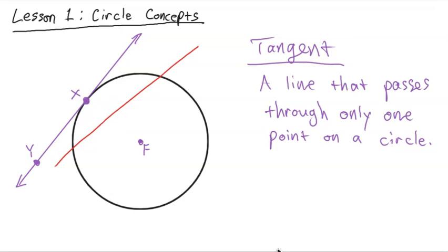It had a portion where it was inside. Well, the tangent never goes inside the circle. The tangent always stays outside of the circle, and it passes through only one point on the circle, okay? And that is a tangent. And that's it for all of the lines and line segments associated with circles.